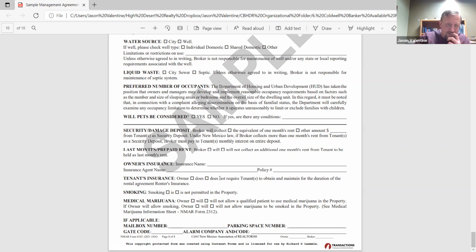Medical marijuana, I just want to let you guys know, is becoming a sticky situation in New Mexico because we're kind of in limbo right now, where they've approved marijuana for recreational use, but nobody's really approved to recreationally use it yet. So right now, we're probably going to try to stay away from any marijuana usage in the house because it is still federal law.